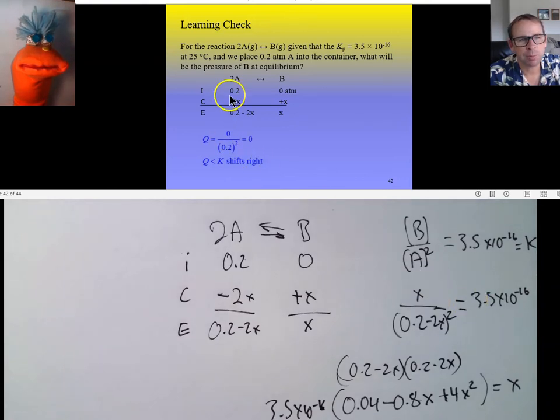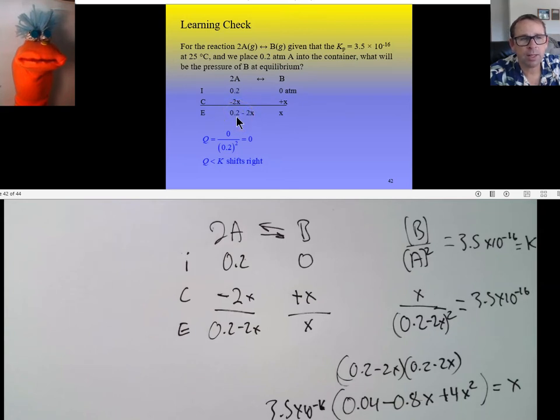We started off with 0.2 of A, and the relationship, again, the concentration of B over A squared, is going to be 3.5 times 10 to the minus 16, which is a very, very small number. So there's not going to be very much B formed. Because of that, x here, which also represents the amount of B, is going to be a very small number.